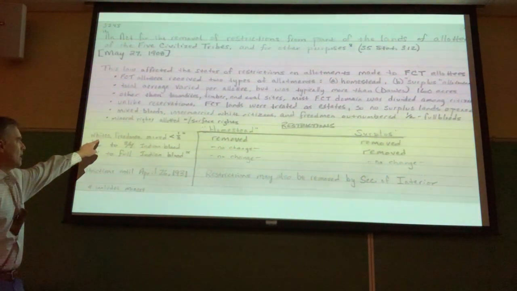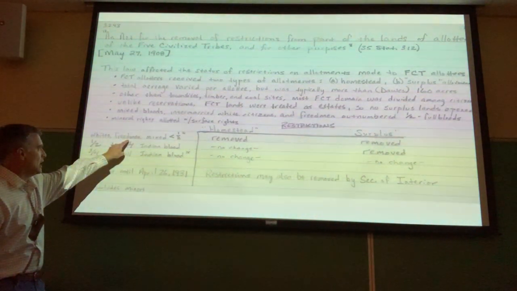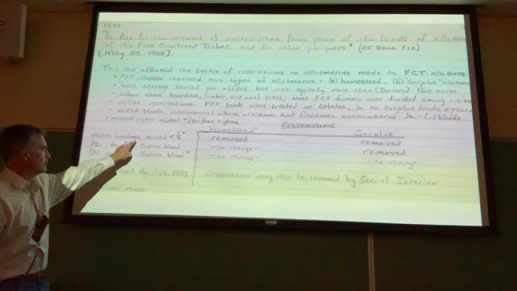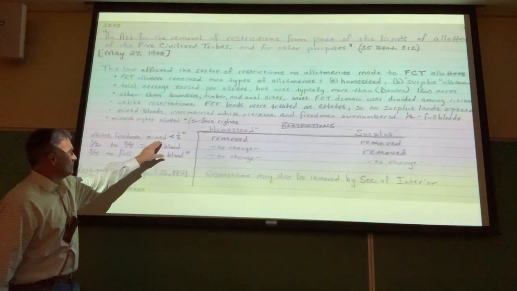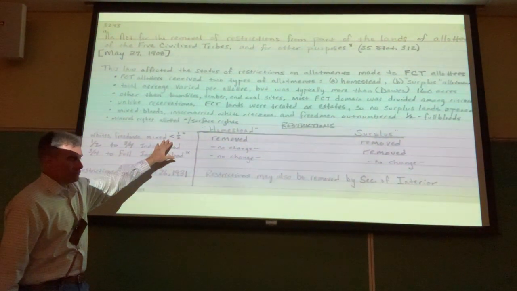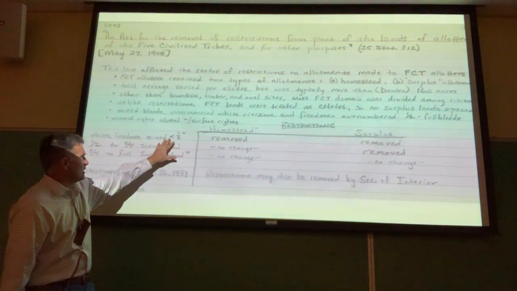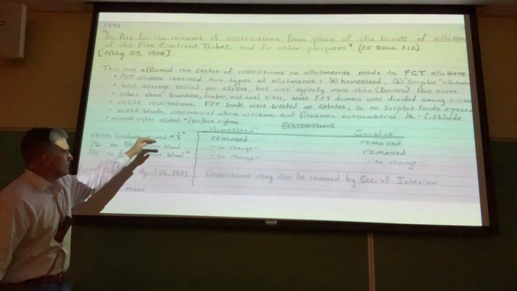So if you were an intermarried white, if you were an African American descended person who had rights to an allotment on the freedman roll, or if you were a descendant of somebody on the freedman rolls, or if you were of less than 1/2 blood quantum, 1/2 or less, if you were of mixed blood, then this is the way it worked.